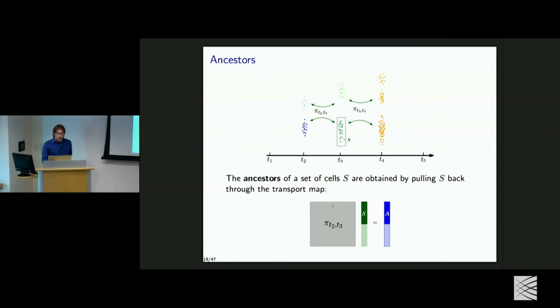So there would be a row for each cell at t2, and a column for each cell at time t3. So the row of this transport map would tell you where this cell at time t would go, and then by doing this matrix multiplication, you can figure out the ancestors of a set of cells S at the previous time. Okay?